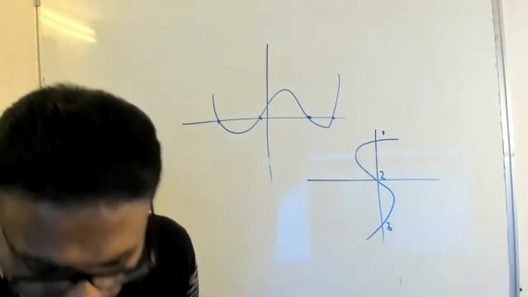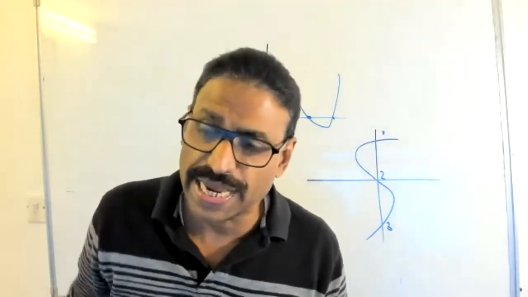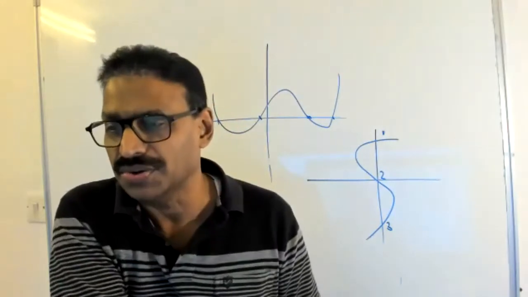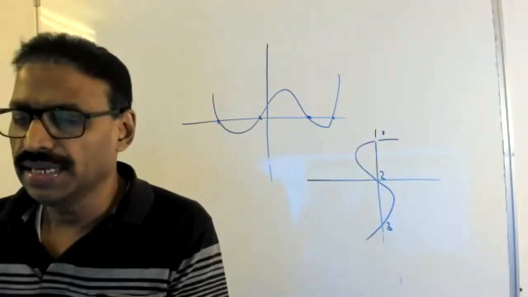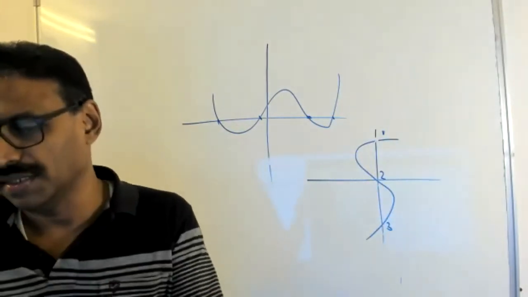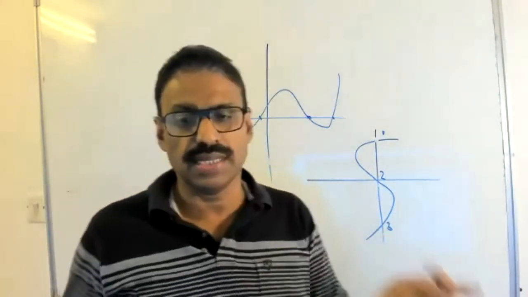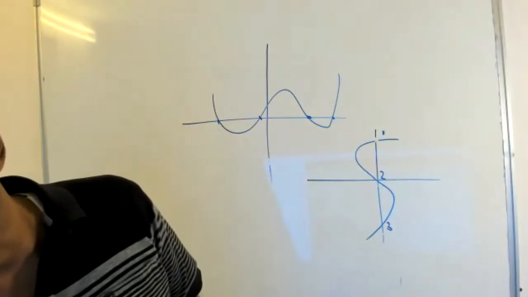Only one. Why? Where the graph crosses the x-axis. Here on the y-axis is mark 5. Only at this place the graph crosses the x-axis. That's why only 1 zero. This is a very important question. The number of zeros means where the line crosses the x-axis only, not the y-axis.